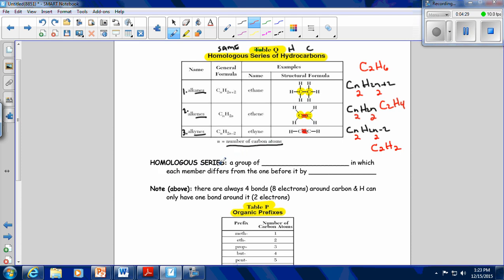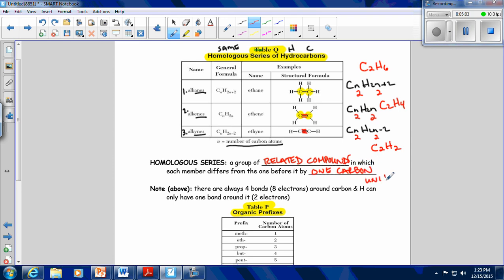And just to kind of tie things up here, the homologous series is a group of related compounds. These compounds are certainly related because they involve both carbon and hydrogen, in which each member differs from the one before it by 1 carbon unit.